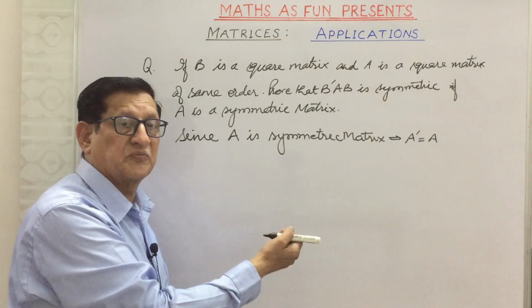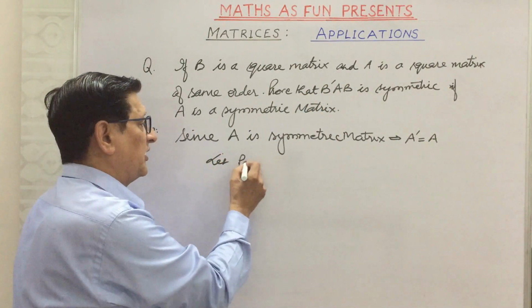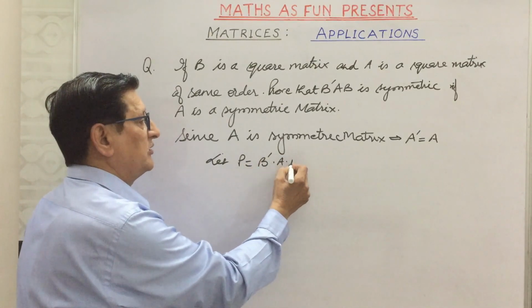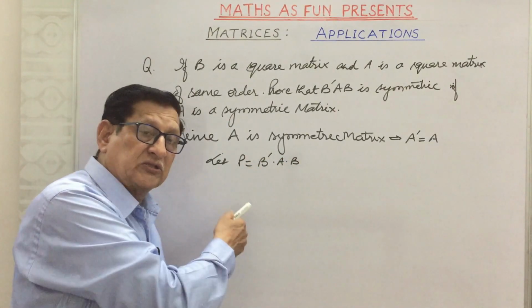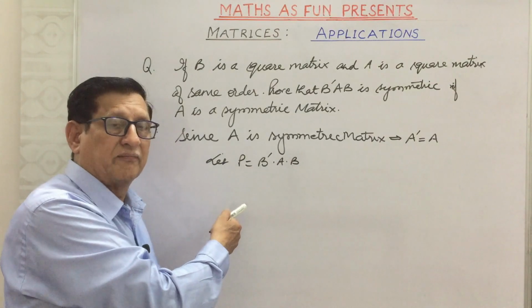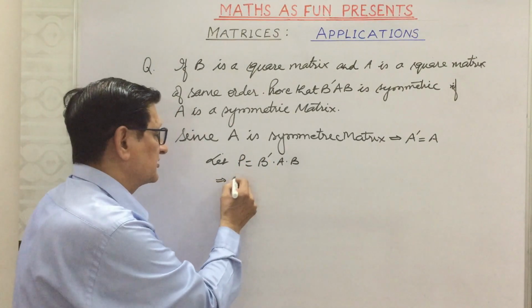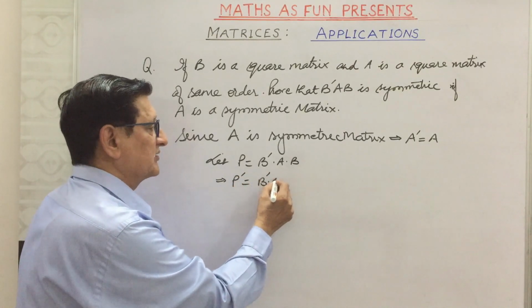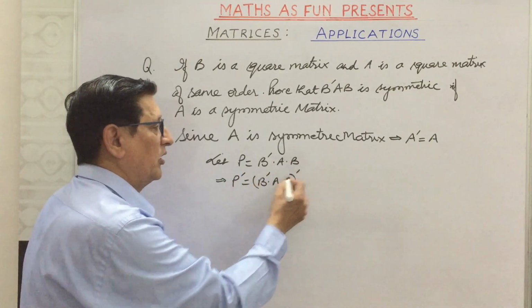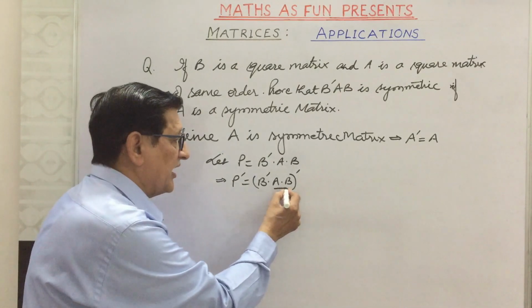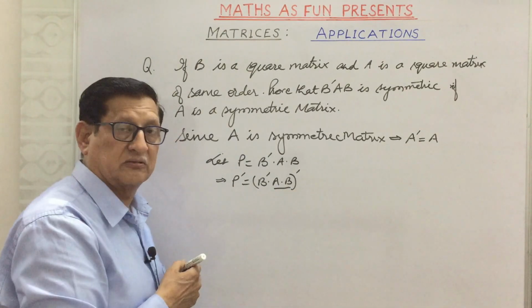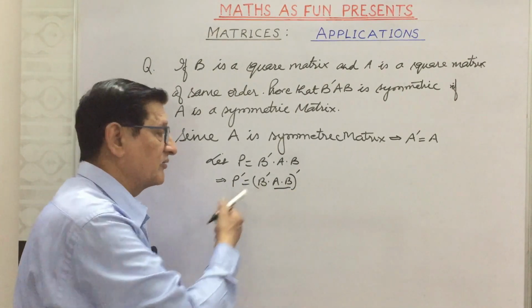So we consider it as P. Let P be B dash into A into B. Now if we can show that P dash is equal to P, then we can say that this is a symmetric matrix. So we go for P dash. P dash is B dash into A into B whole dash. We consider this A into B as one of the matrices, and this is the second one.